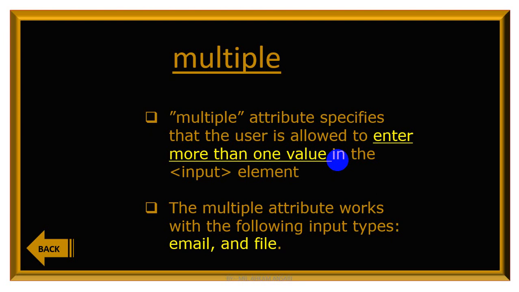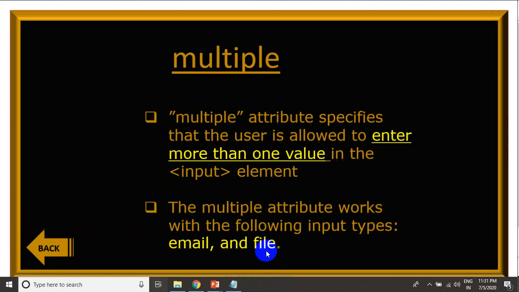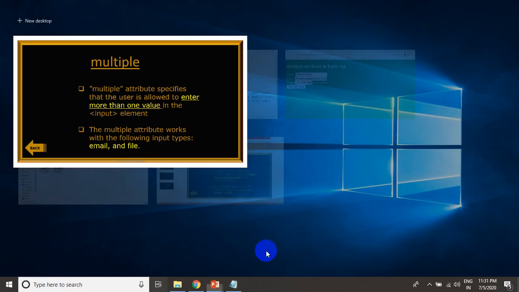In case you want to upload more than one email address, in that case you can use multiple. So multiple we will use and we will upload more than one email ID, and it is also used inside input type equal to file. So let's have a look.